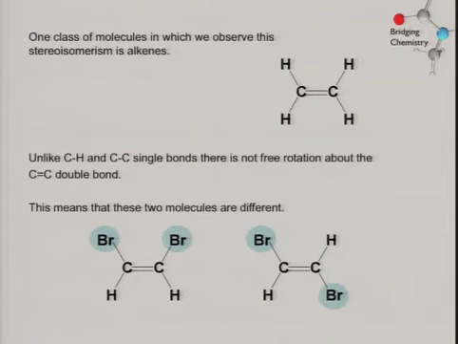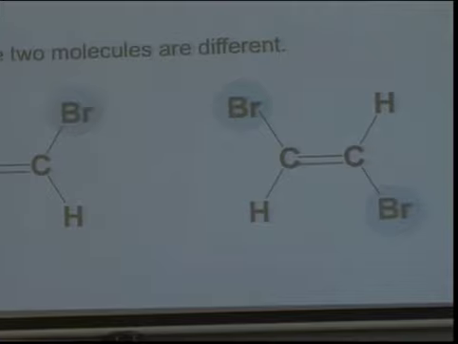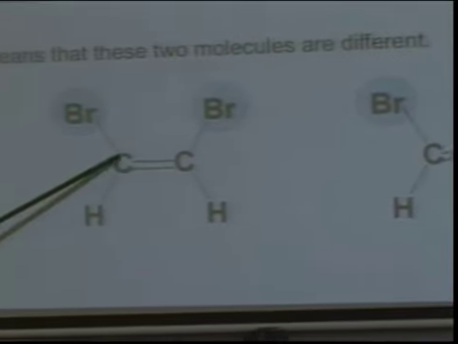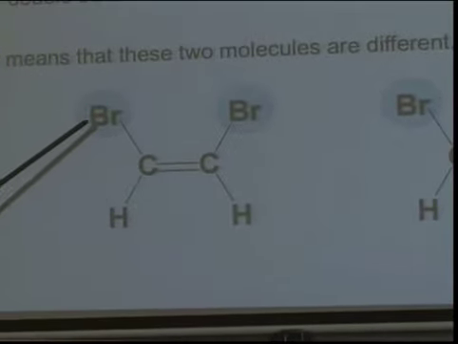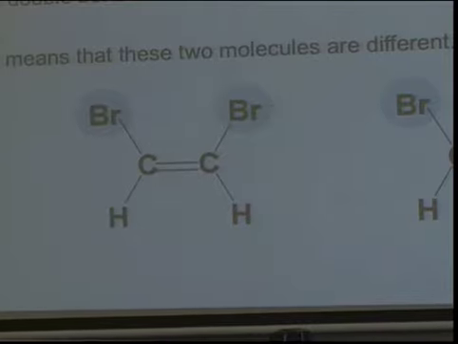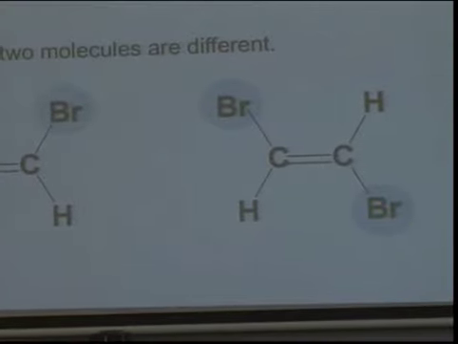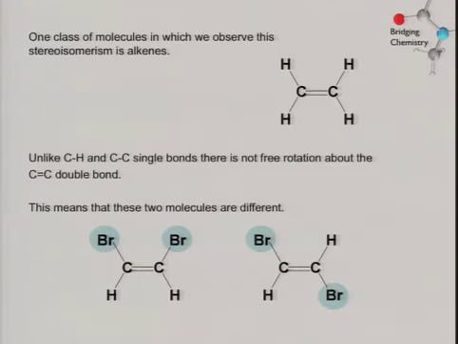And so what that means is that these 2 molecules are different to each other. Right? So here we have 1,2-dibromoethene. Yeah? And both of these molecules would be 1,2-dibromoethene because they both have a bromine attached to carbon number 1 and a bromine attached to carbon number 2, and each of those carbons also has a hydrogen attached to it and is double bonded to a carbon.